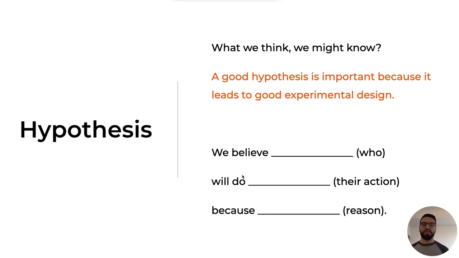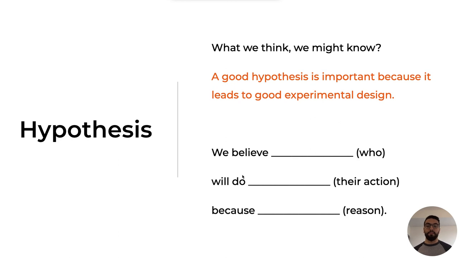One good template to structure your hypothesis in is what you see in front of you, framing it as: we believe so-and-so will do X, Y, and Z because ABC. When you lay it out that way, it really helps put it into more concrete terms.